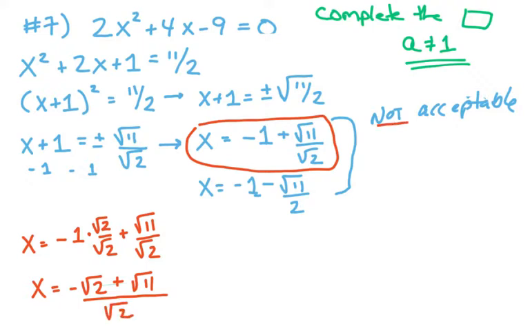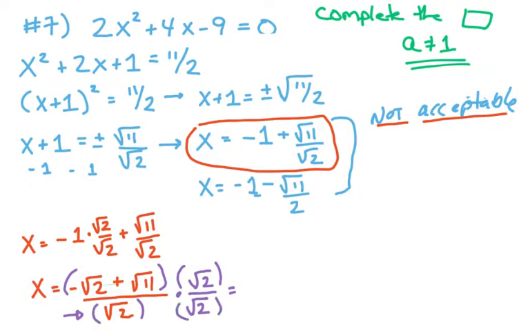And again, this is not acceptable. Why? Because we need to rationalize this denominator. How do we do that? We multiply by the square root of 2 to turn that denominator into an integer. So what happens now? Be very careful.